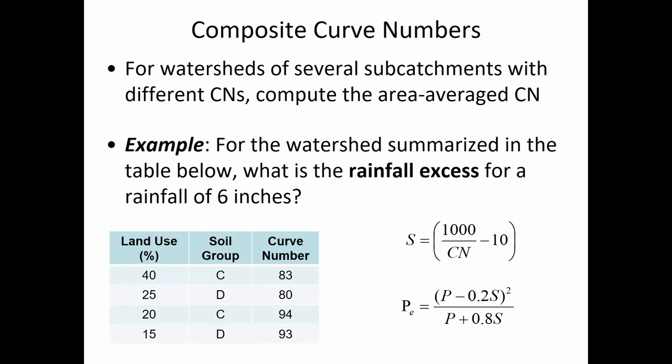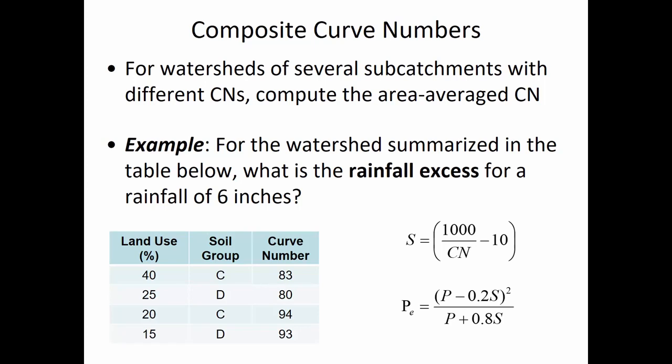What I mean by that is if you have a watershed that has different things in it, like some residential areas, some agricultural areas, maybe a commercial zone and so on, and you want to find the overall curve number for that basin, then all you need to do is multiply the fraction of the watershed by the curve number in question, and then you can come up with an average CN. So let's take a crack at that.